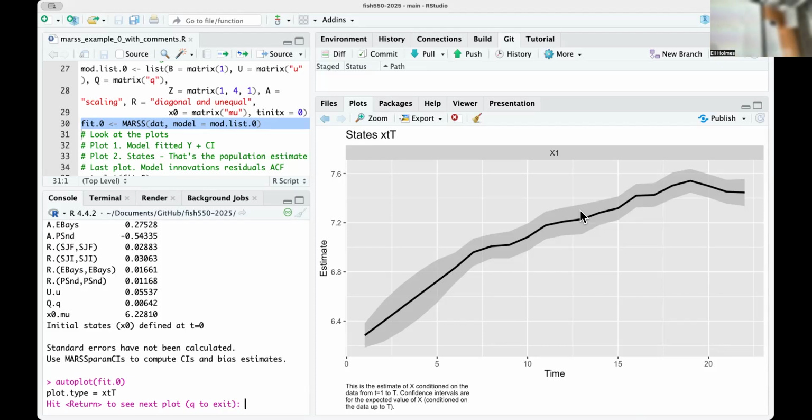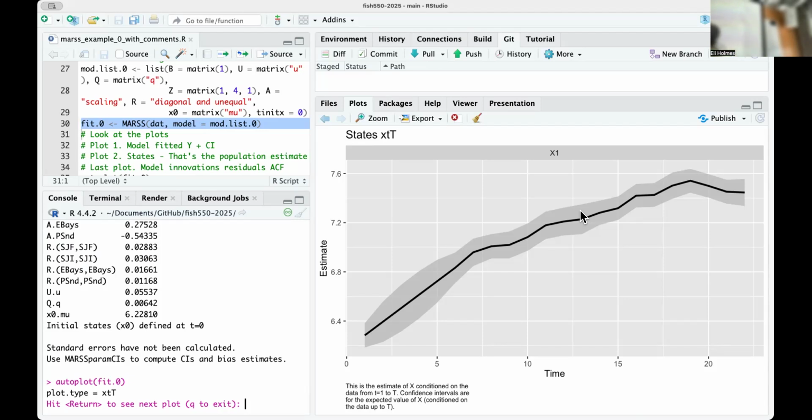And on the bottom, it'll tell you what you're looking at. This is an estimate of the X, the state, conditioned on the data from 1 to T. It is conditioned on all the data. So it takes into account all the data, all the information that you have, and gets that estimate.